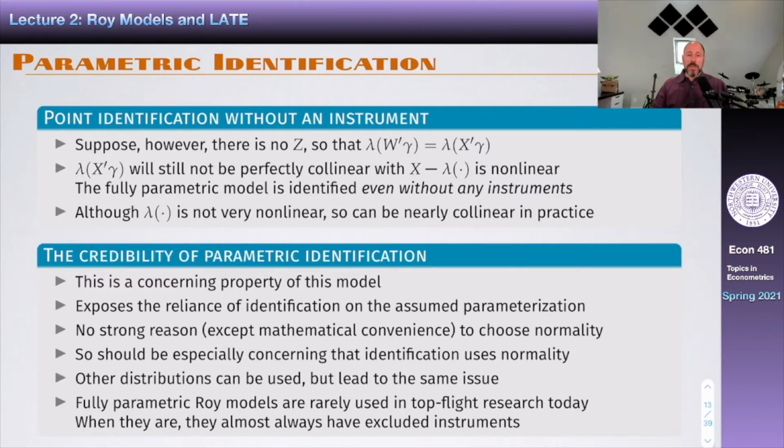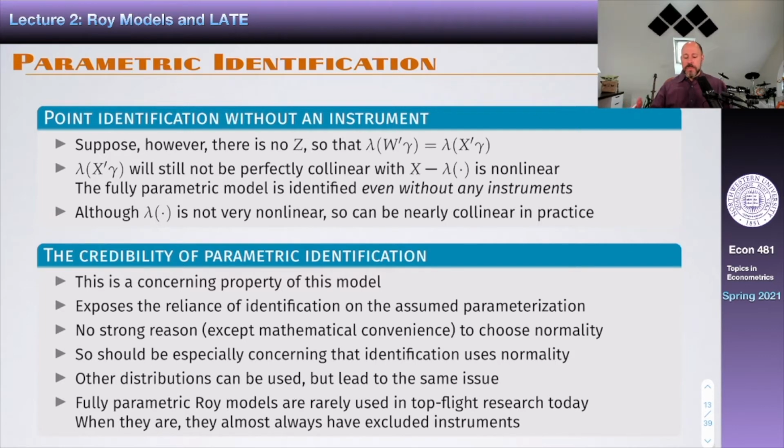However, if you just plot this function lambda, you'll see that it is not very nonlinear, okay? So even though they're not going to be perfectly collinear, depending on what happens to your particular data set, they can be highly collinear in practice. Plus, the other thing that you need to think about is that we know that we are dealing with a case of selection on unobservables.